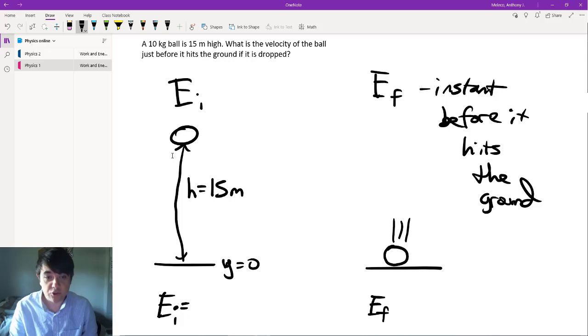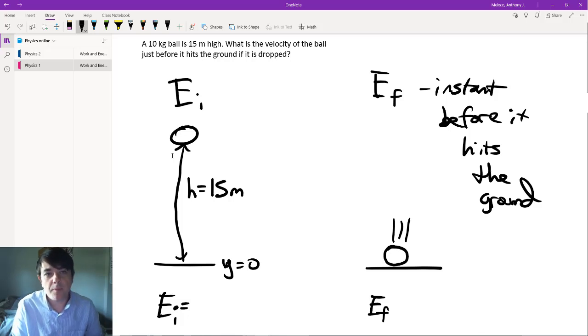You have to define it just like in kinematics, where you define the ground as 0 or define a starting point. Since it's above that, it would have positive gravitational potential energy. If you move the ball beneath the 0 point, you would have negative gravitational potential energy.